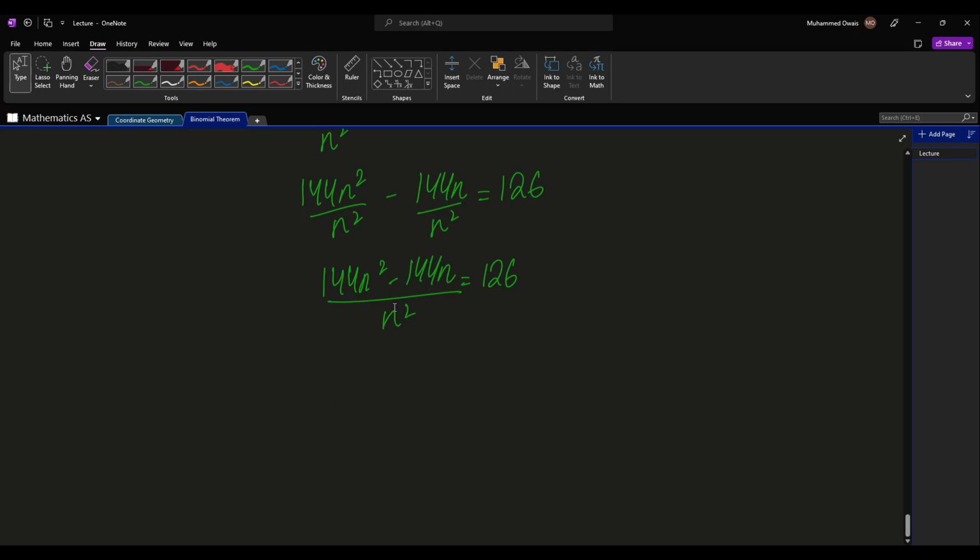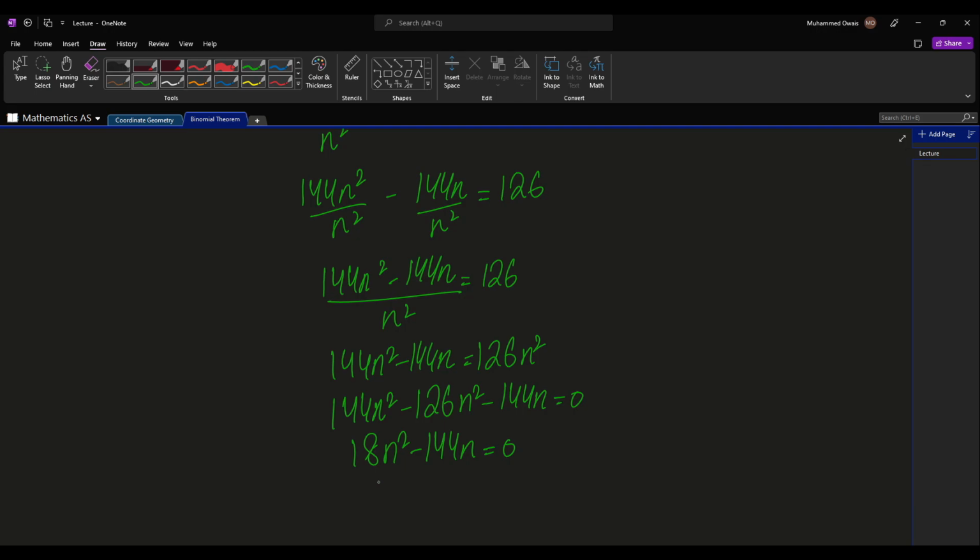All right, now then I can just move this n square there, so this becomes 144n square minus 144n. This becomes 126n square, right? Now then I can move this n square to that side. So this becomes 144n square minus 126n square minus 144n equals to 0. So this becomes 18n square minus 144n equals to 0.